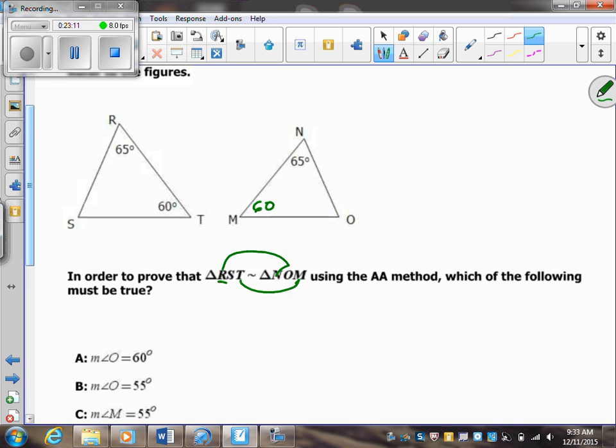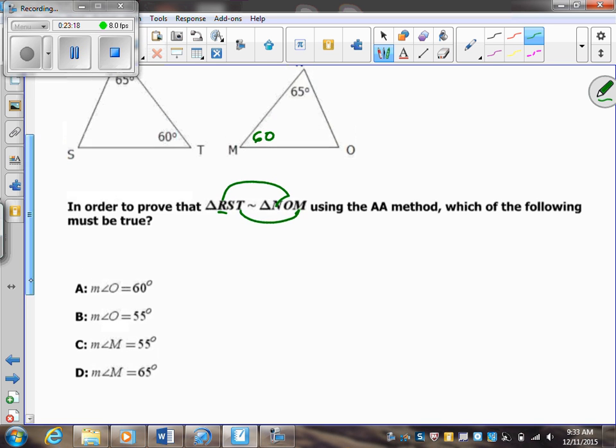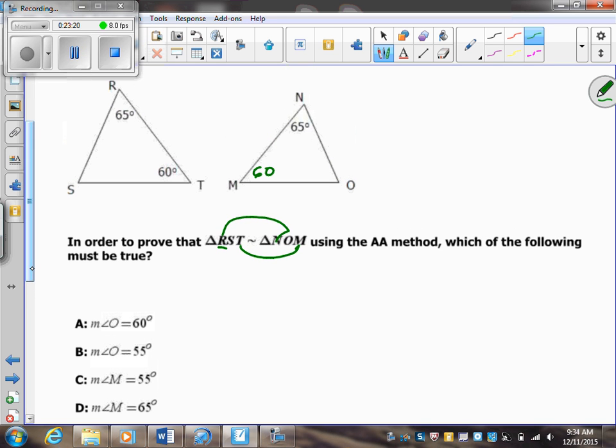So now I have to pick M equals 60. But they didn't give you 60. That's actually a good question. If M has to be 60 because T and M are going to be congruent, and this is 65, this is 60, what has to be the measure of O?